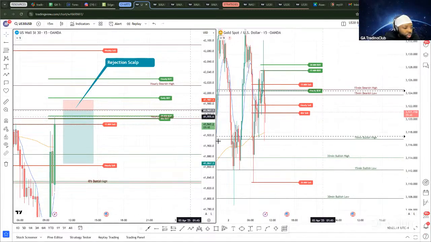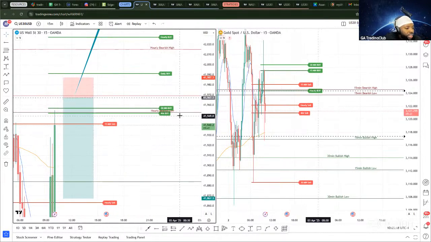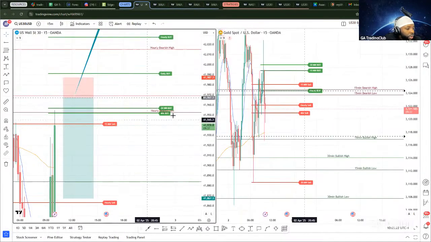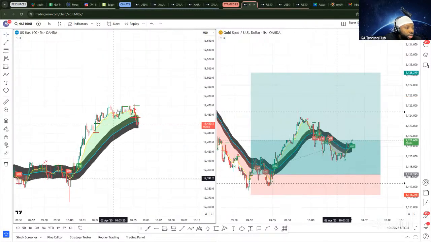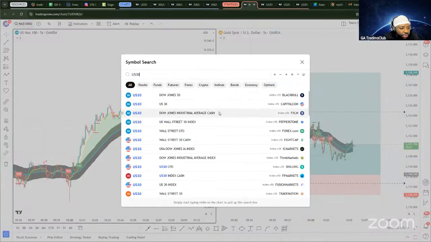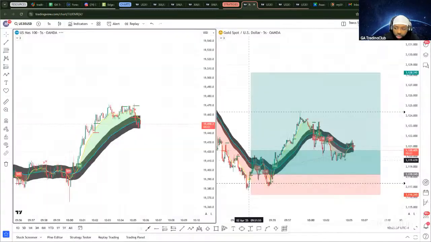Okay. So here you can see that for the first level, price has rejected back. When price reached this 4-hour buy at 41,951, let's see, where's US 30?